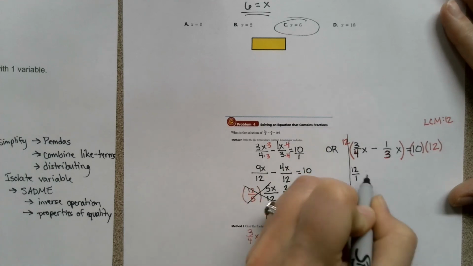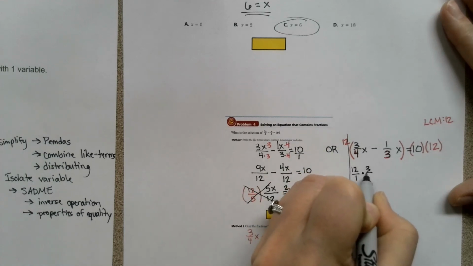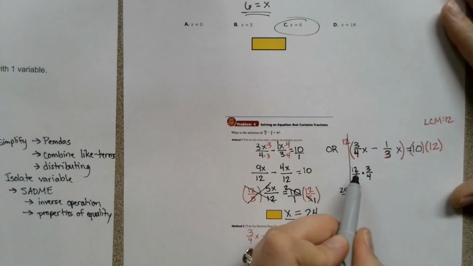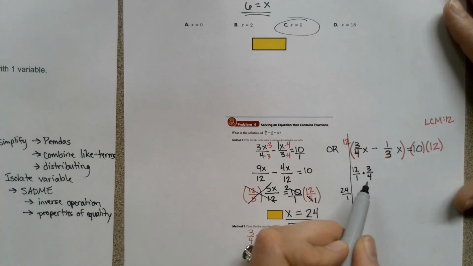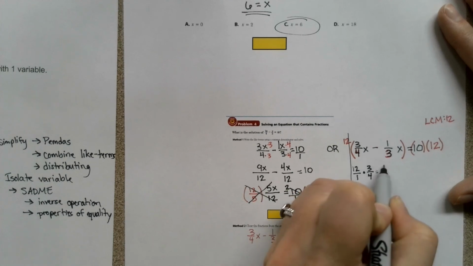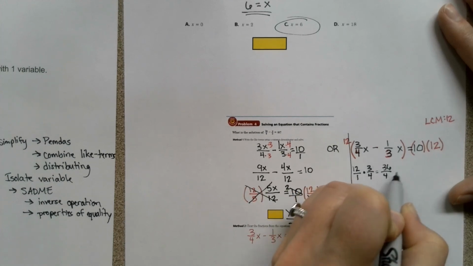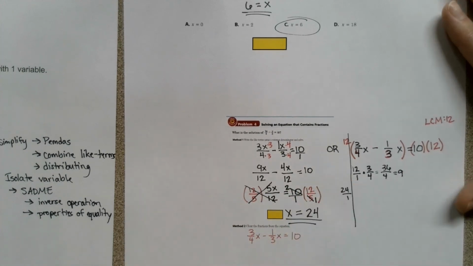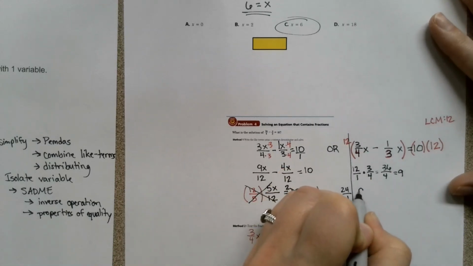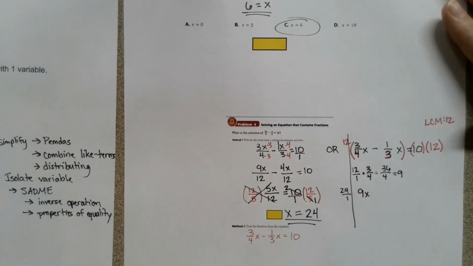We'll put 12 over 1. 12 times the 3/4, and then we're going to divide it by 4. So 12 times 3 gives us 36, divided by 4, simplified gives us 9. So that's the first term, giving us 9x.